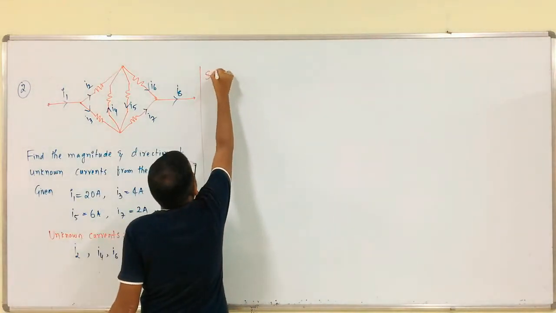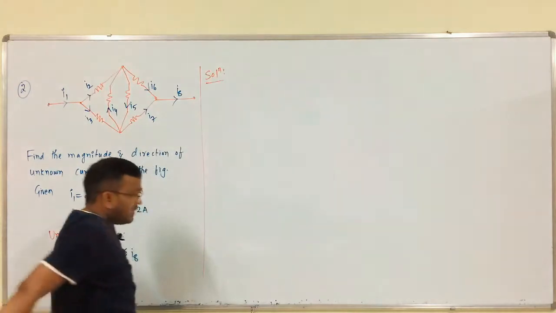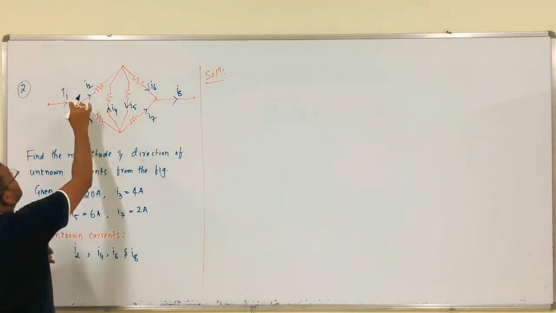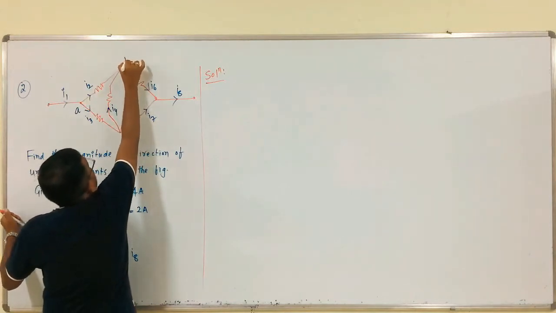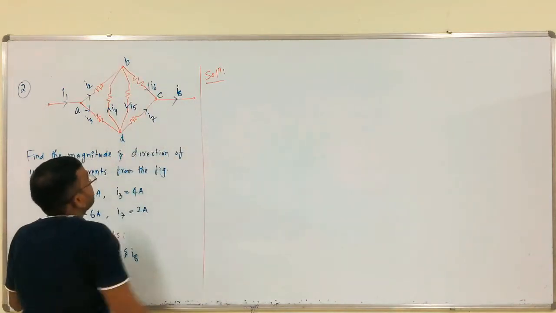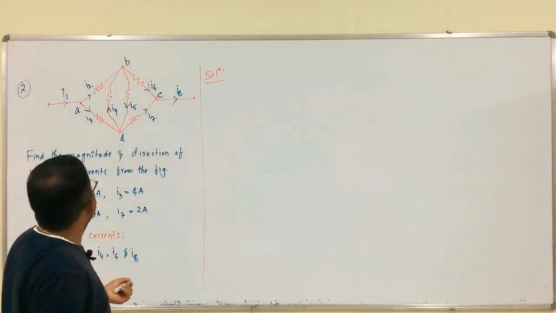Solution. Before starting the problem, first we have to mark our nodes. This is node A, this is node B, this is node C and this is node D, for clear observation.